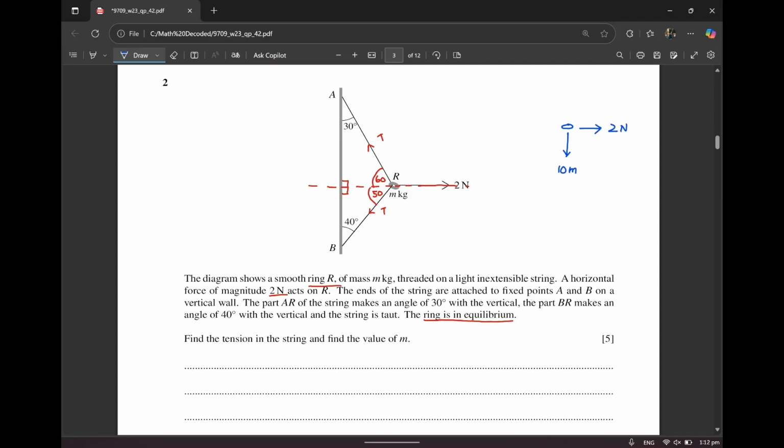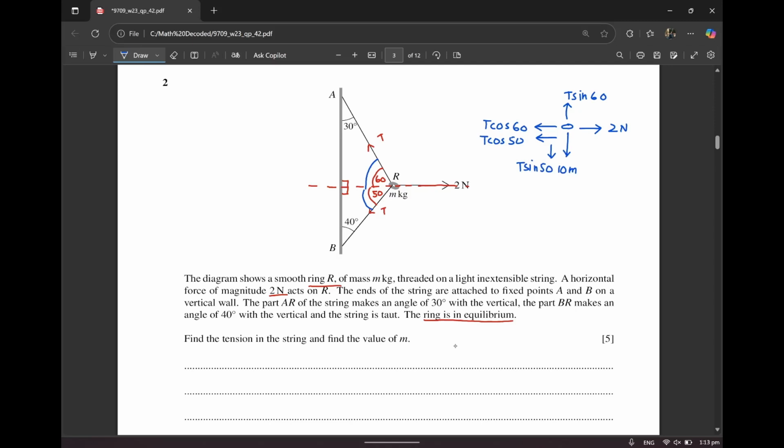So I know that the component with the angle is going to be cos. So this is going to be T cos 60, and this is going to be T sin 60. Similarly, this side is with the angle, so this is going to be T cos 50, and this is going to be T sin 50.